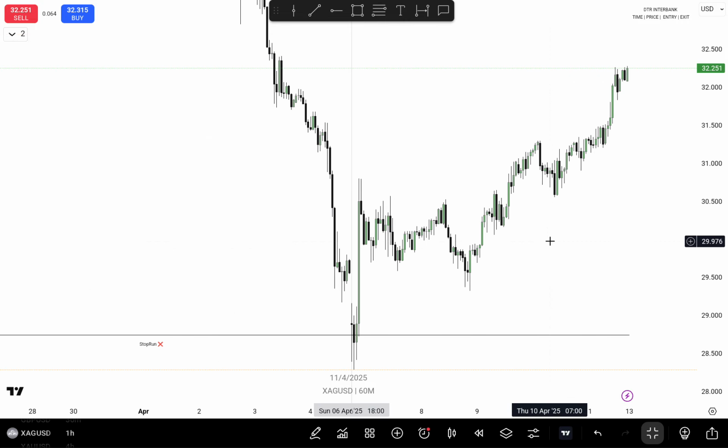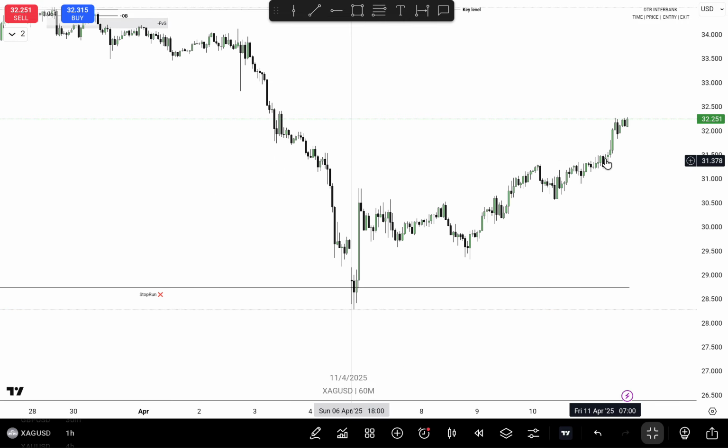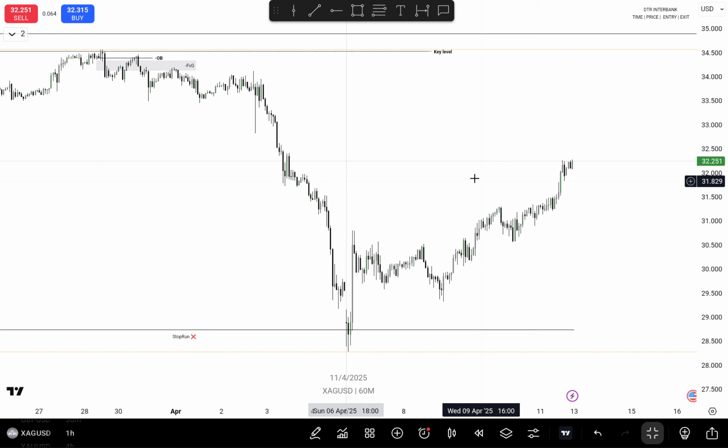Beautiful, beautiful. What is it? The gap, new week opening gap. I love this pair. But the spread, man, you can handle it.